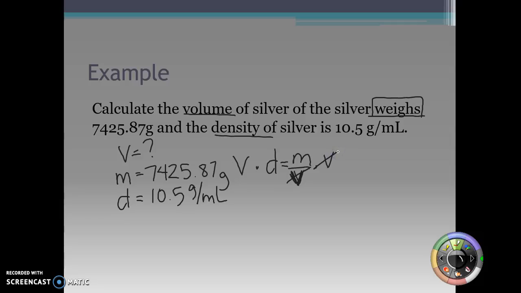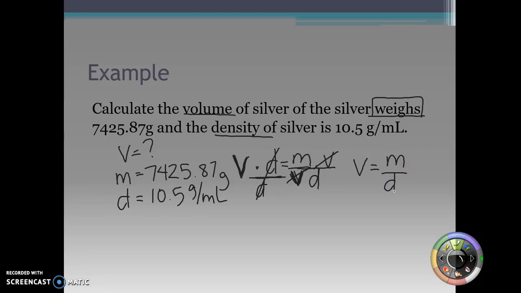That gets rid of the volume on our right-hand side. Volume's still not by itself, though. Here's volume times density. So we need to get rid of this density variable, and to do that, we're going to divide. Whatever you do to one side, you have to do to the other. So we end up with volume equals mass over density.